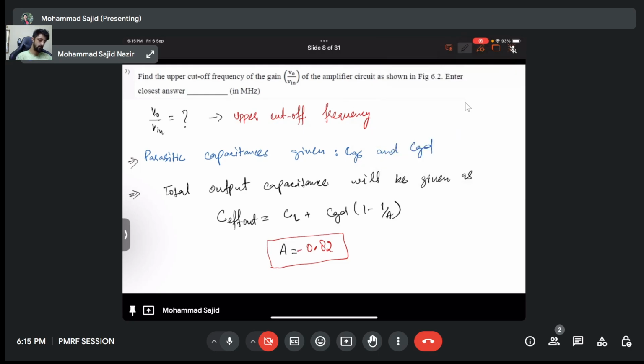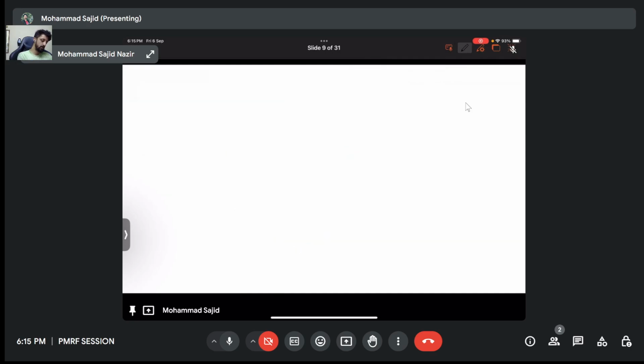Then we will calculate C effective out, and also let me give you the formula for C input effective, that will be CGD times 1 minus A. Now, what are the cutoff frequencies?